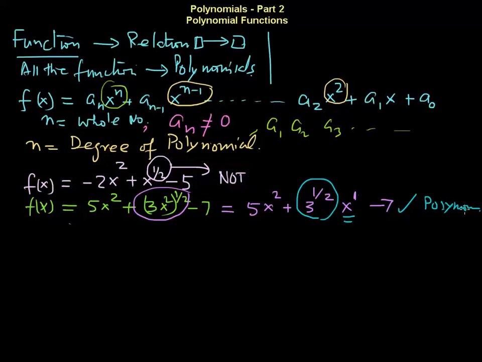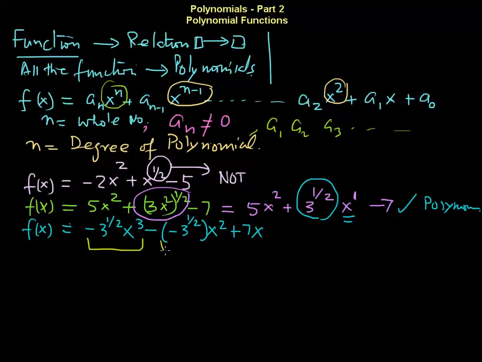Now let's take another example. Let's say I choose minus 3 to the power 1 by 2 times x cubed, minus 3 to the power 1 by 2 again times x squared, plus 7x. So I have three terms here, but they are defined slightly differently.